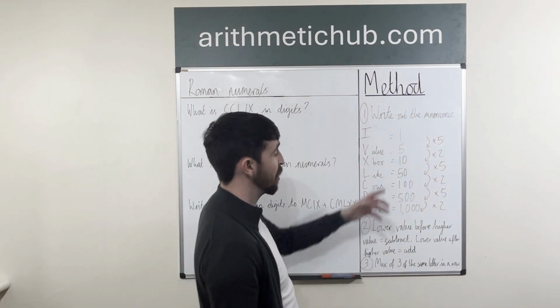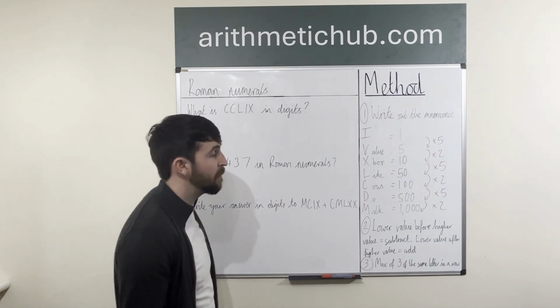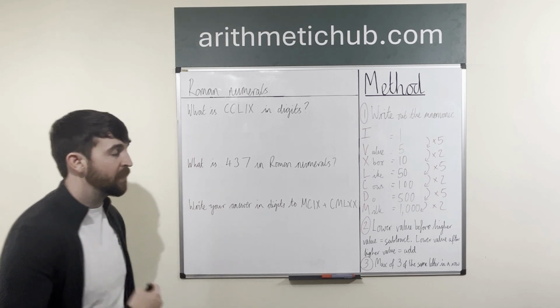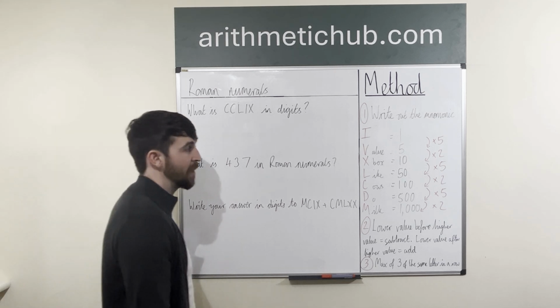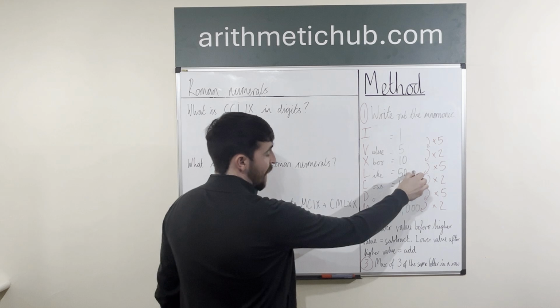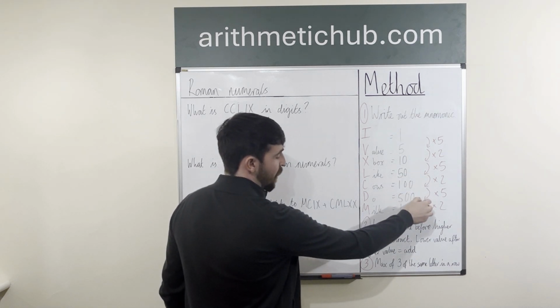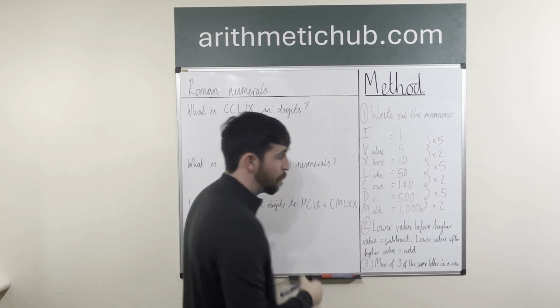Well, what you know is the first one is worth 1, I is worth 1, and then it's always just times by 5, times by 2, times by 5, times by 2, times by 5, times by 2. 1 times 5 is 5, 5 times 2 is 10. 10 times 5 is 50, 50 times 2 is 100. 100 times 5 is 500, 500 times 2 is 1,000.